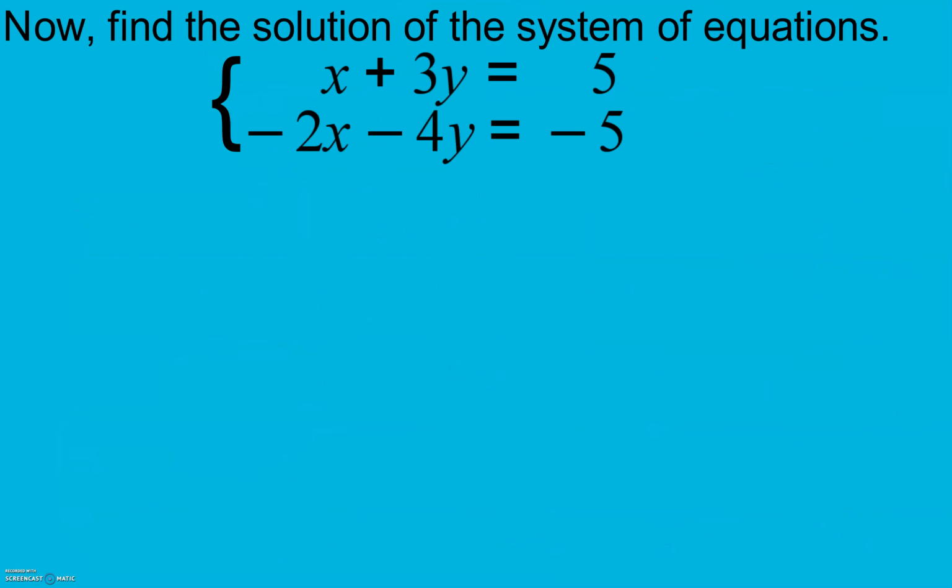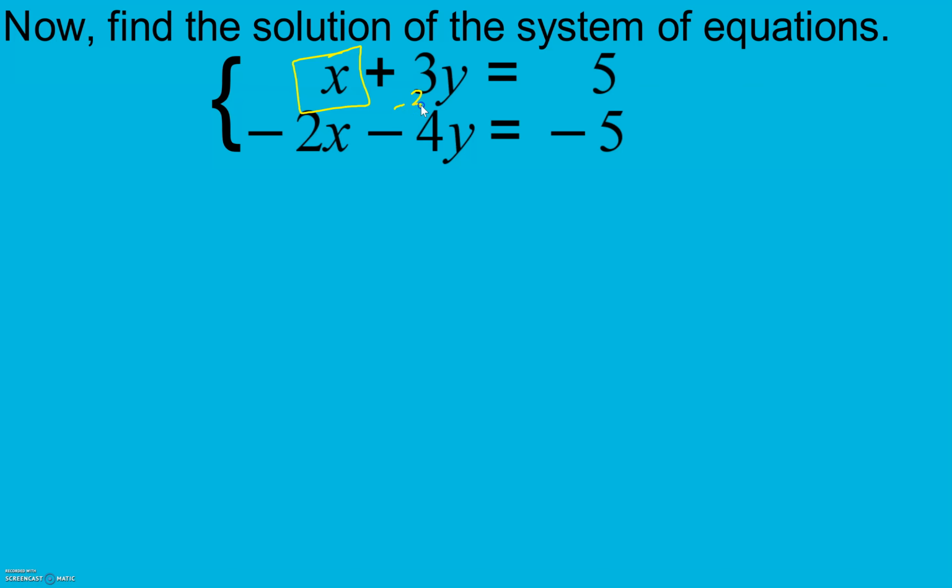Feel free to pause here and give this a try if you'd like. When we solve here, it does not matter which equation or which variable. I know in the last example I solved my second equation for y. But here, my first equation for x is going to be easiest because I don't have a coefficient, which means my coefficient's just 1. I'm not going to have to divide.